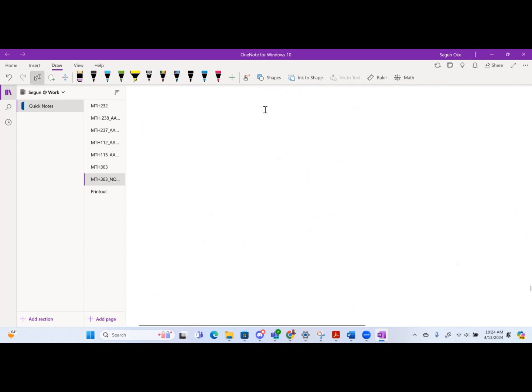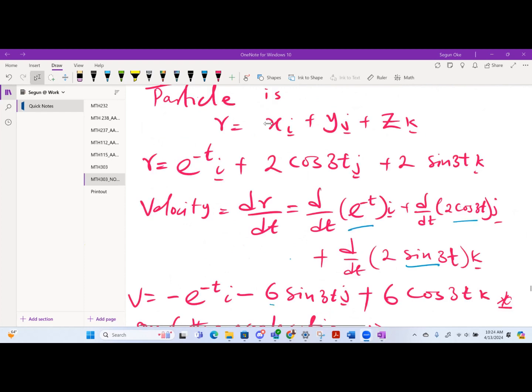Can you hear me now, sir? The first one we solved after the velocity, after solving the unit there. The last answer, probably you can put a chart there so that that will be better.